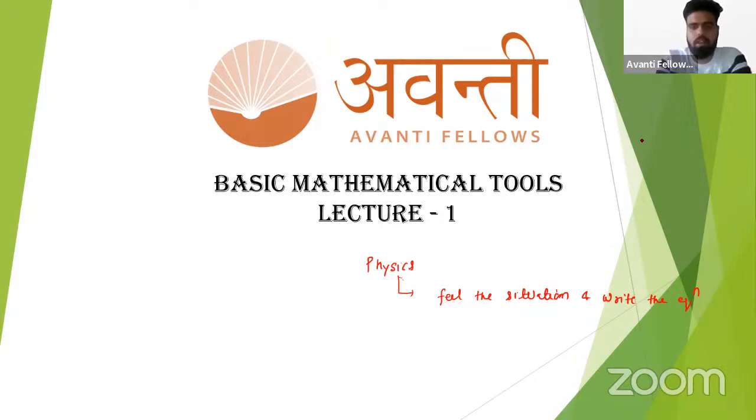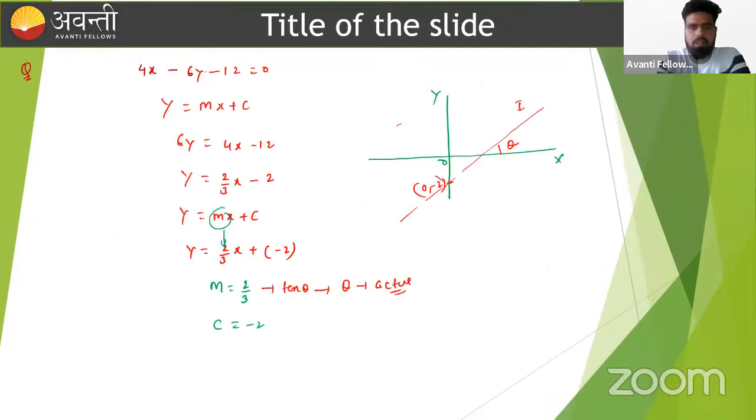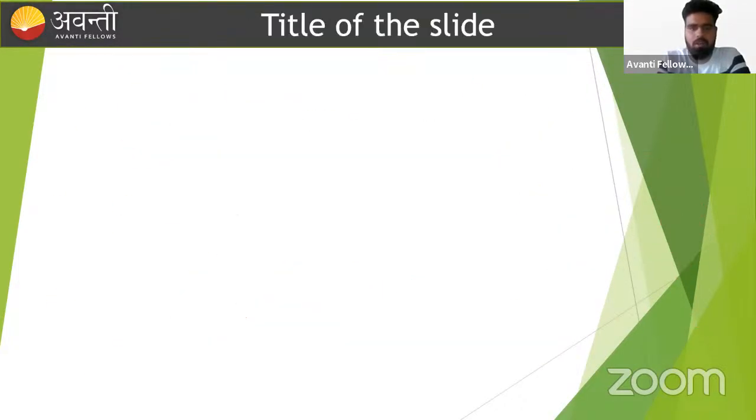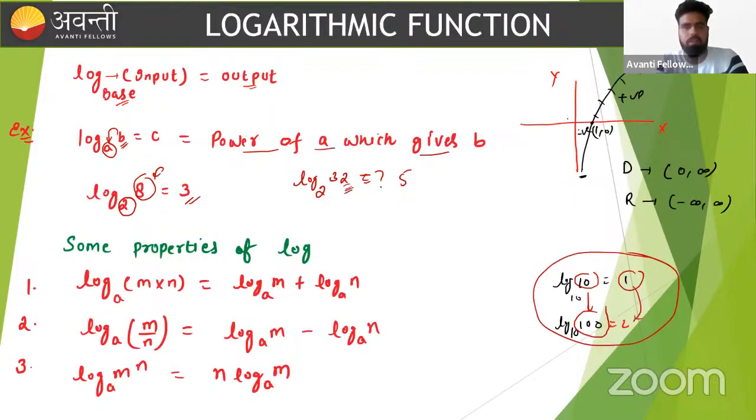So let's start the class from the logarithmic function. In the last class, we discussed some basic functions such as the algebraic function, linear function, quadratic function, and exponential function. In today's class, we discuss the logarithmic function. In the last class, we discussed the graph and the nature of the logarithmic function.